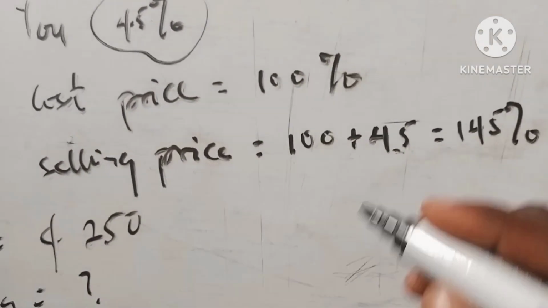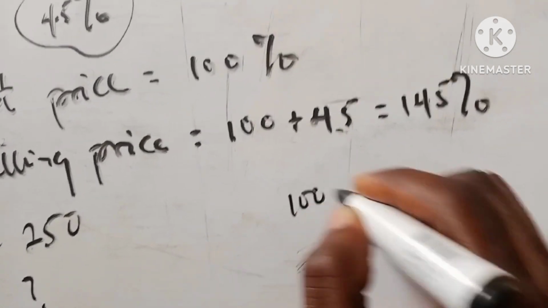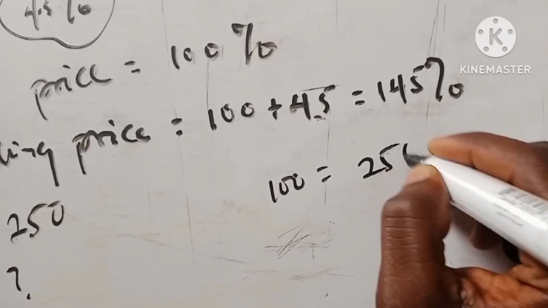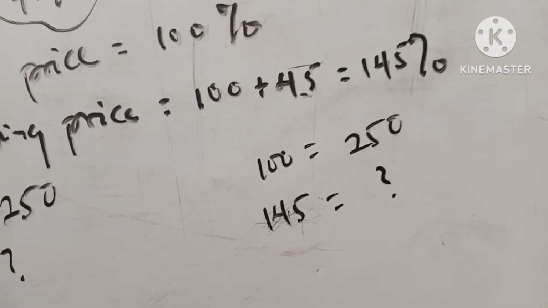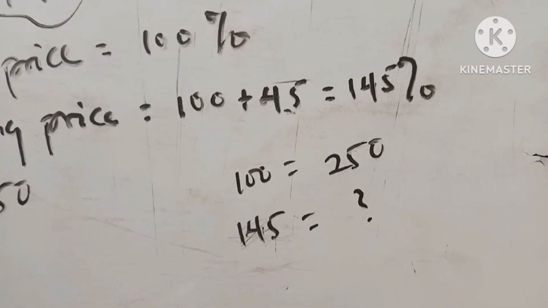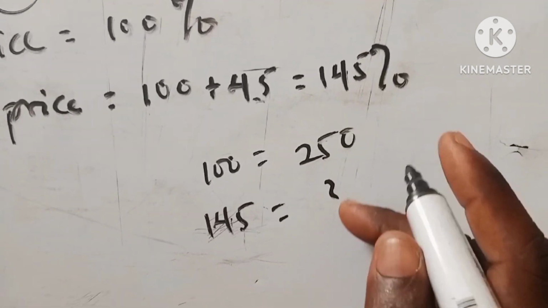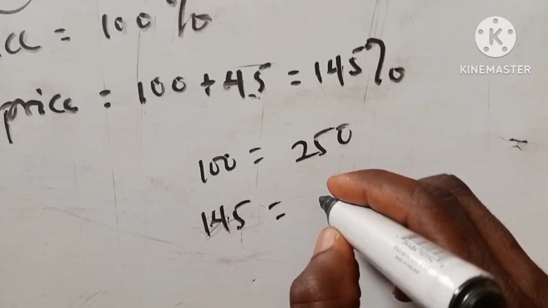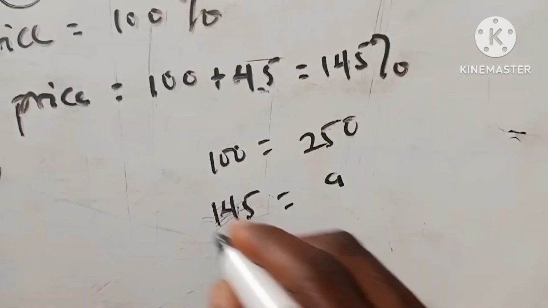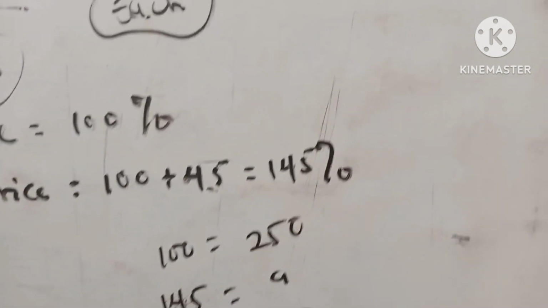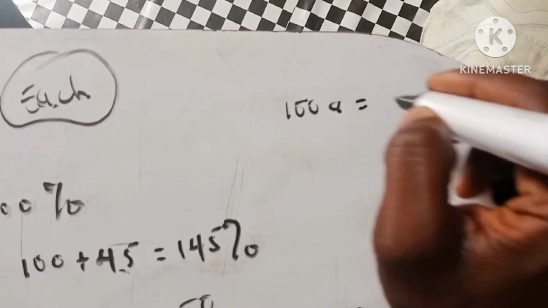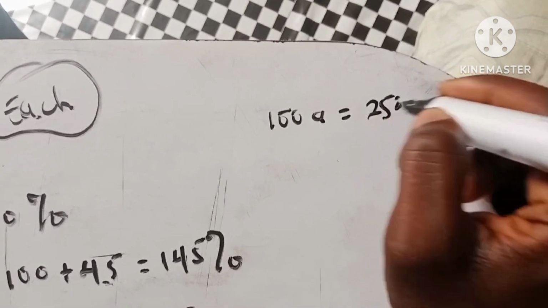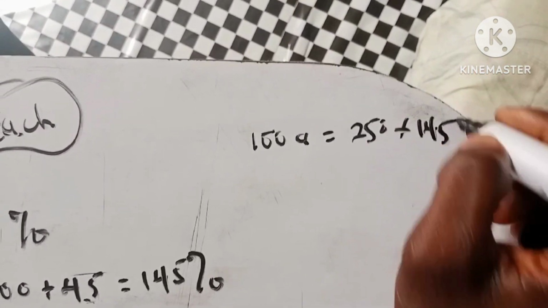Just like the previous part, we have 100 equal to 250, and then 145 is going to be what? This is very simple and straightforward. Once again, if you bring in a variable, let's say a, then from this part you have 100 multiplied by a equal to 250 multiplied by 145.